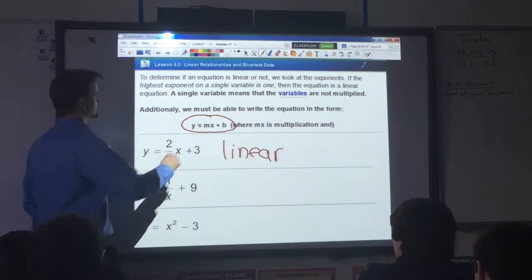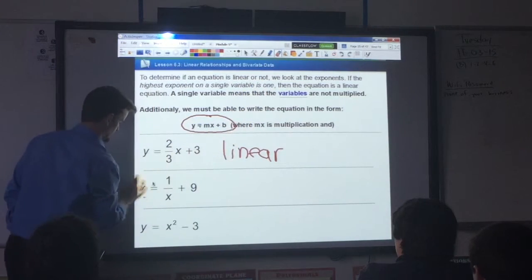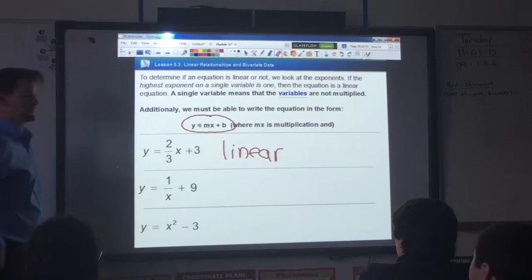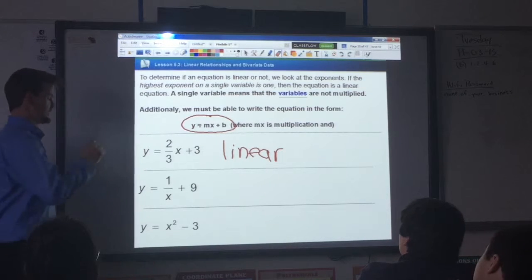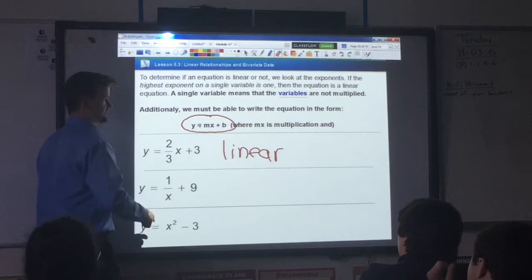Looking at this one. Is this going to be linear? Yes or no? No. Why not, Miss Bacon? Because it's not in y equals mx. Perfect. What she's saying is this is not in y equals mx plus b format. Notice m and x.